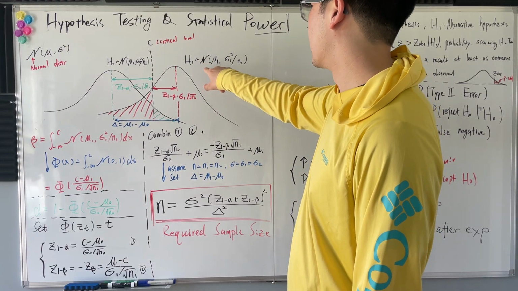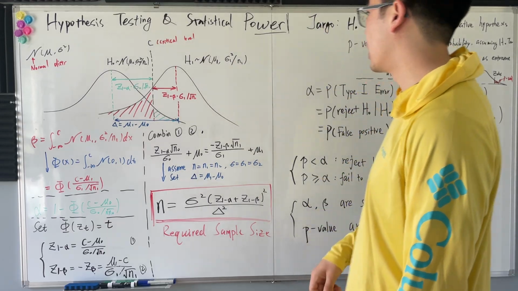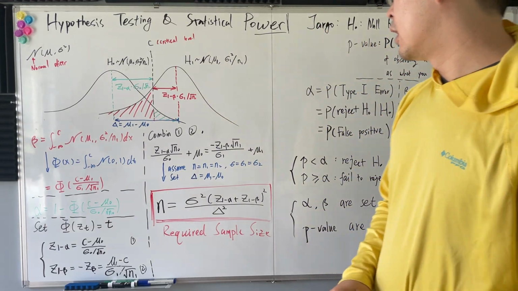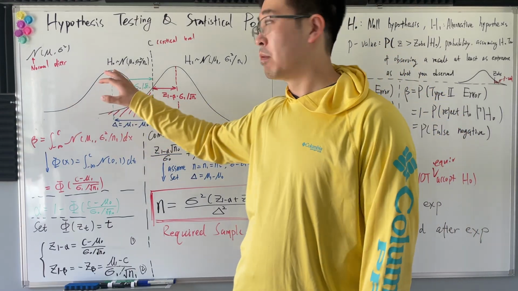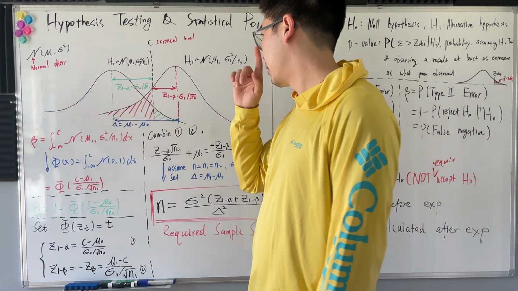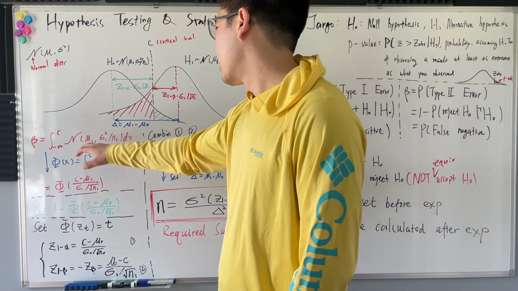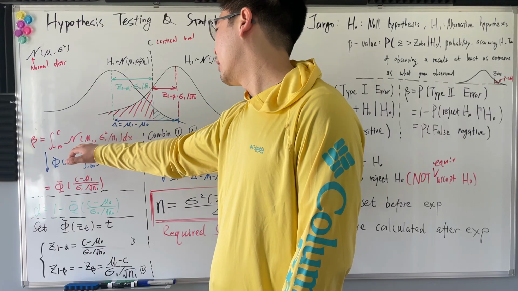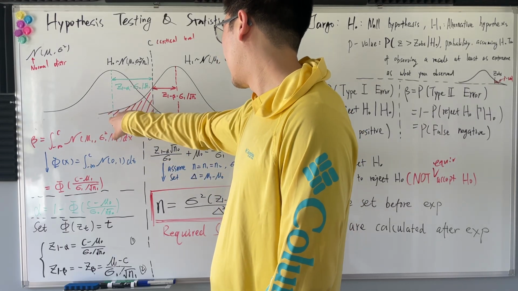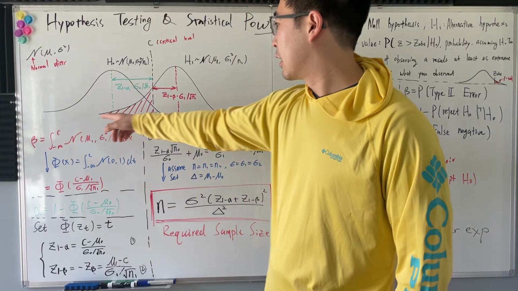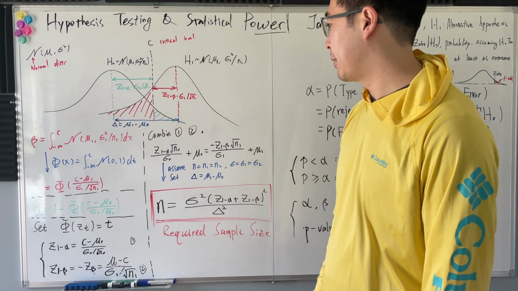For the alternative hypothesis, it is sigma 1 squared over n1. Assume both are normal distributions. Beta, the red area, is integrated from negative infinity to c, where c is the critical level which you set.